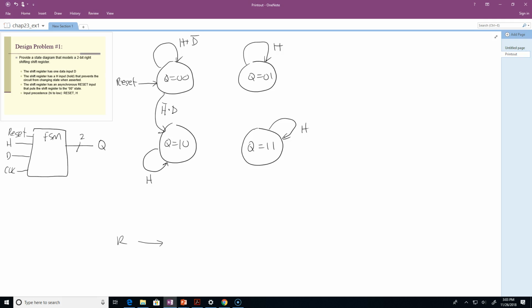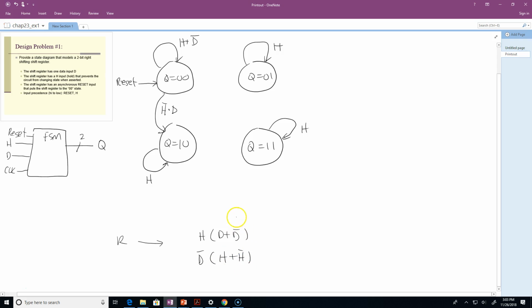It looks like only 2 arrows are leaving it, but the upper condition here actually represents 3 arrows, and I think I can prove that down here. So H times D plus D bar, and D bar, plus H bar.